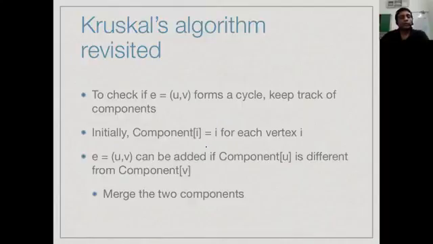So initially we have n vertices, n components. The most natural thing to do is say that each vertex I belongs to a component called I. Now I can add an edge uv if the component of u is different from the component of v. And if the component of u is different from the component of v, after this the two components become the same. So I have to somehow merge the two components. In other words, I have to give them the same label.